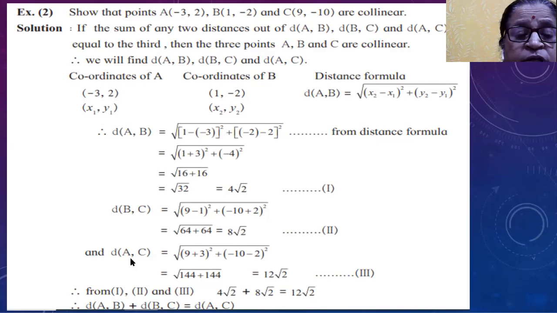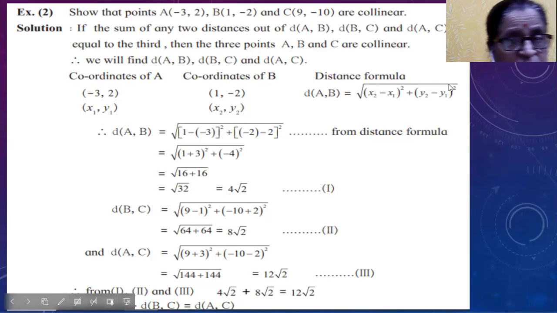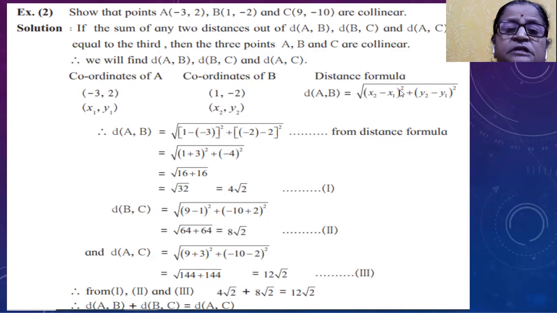Therefore for AC we also take the formula x2 minus x1, y2 minus y1, both in square brackets. We put in the values: x2 minus x1 bracket square, plus y2 minus y1, which is 10 minus 2, bracket square.